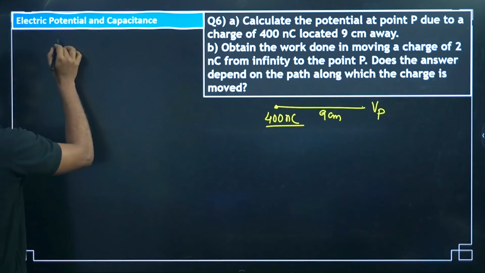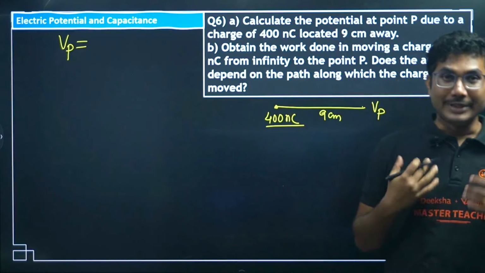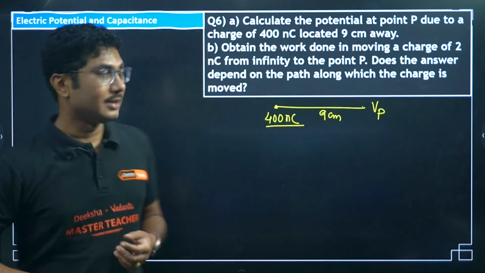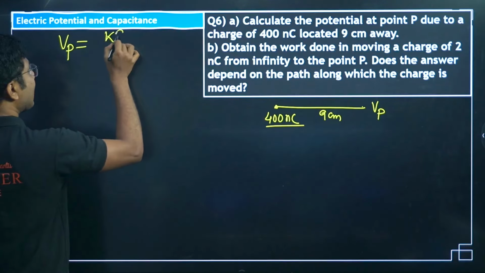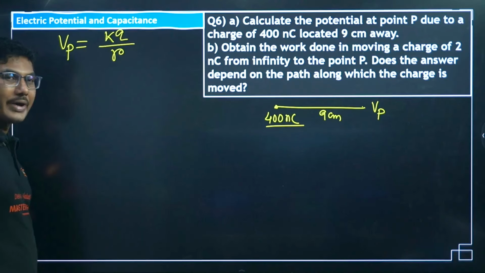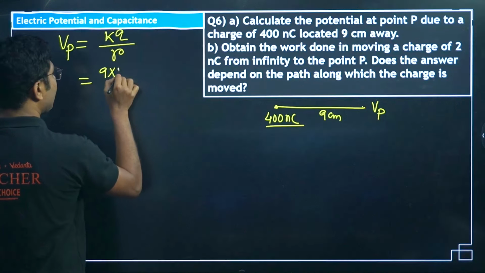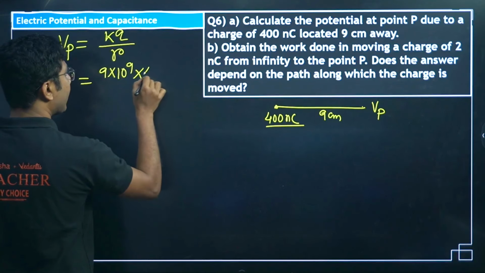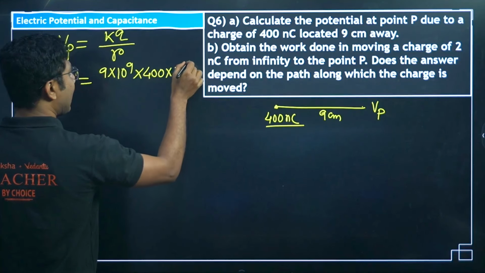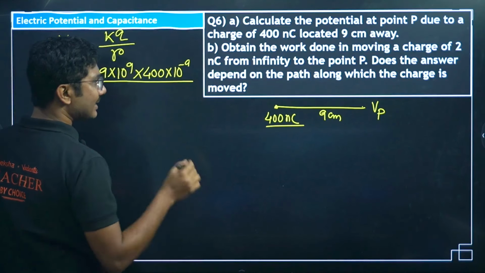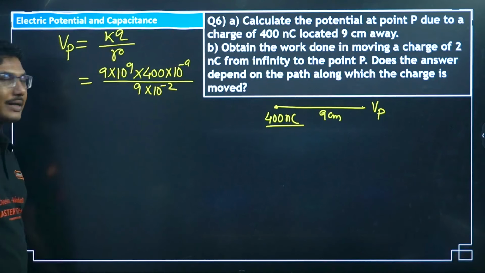Do not be confused, as I always say. If you follow this lecture, definitely it will help you to minimize the mistakes that you are making again and again. So, potential due to a point charge is given by KQ by R. It is not square, it is simply KQ by R. So, put the values: K is 9 into 10 to the power of 9, Q is 400 nanocoulomb, that is 10 to the power of minus 9, and the distance is 9 centimeter, so 9 into 10 to the power of minus 2, no square over here.